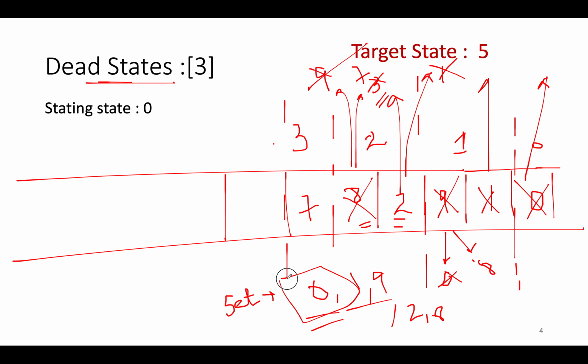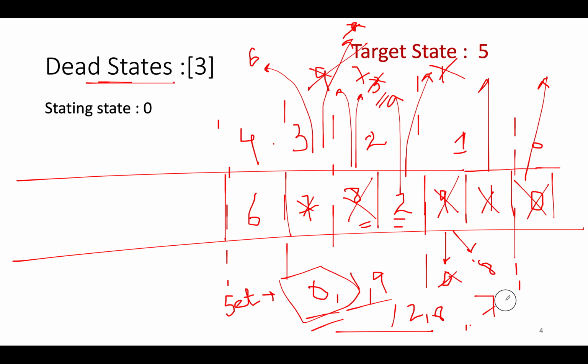So you'll pull out that element, 7, and generate the other two states, one in the forward direction, one in the backward direction. 6 and 8: 8 is already part of the visited set, so you'll ignore it. 6 you'll add back into the queue, and here the level becomes 4. It again has only one element in it, and you'll add 7 into the visited set.